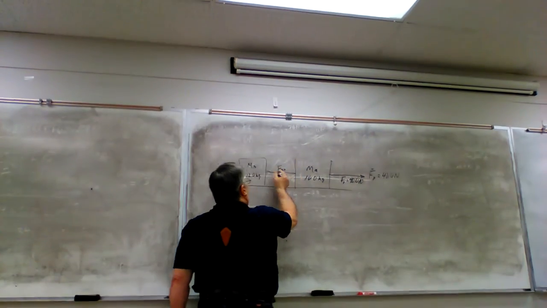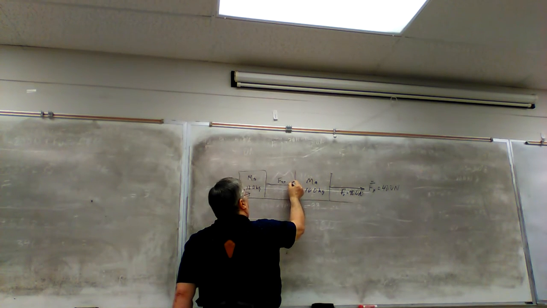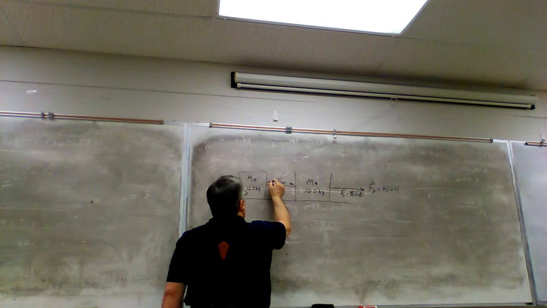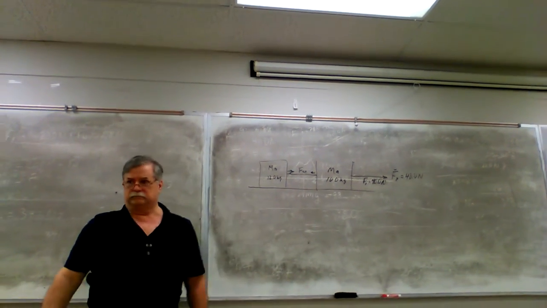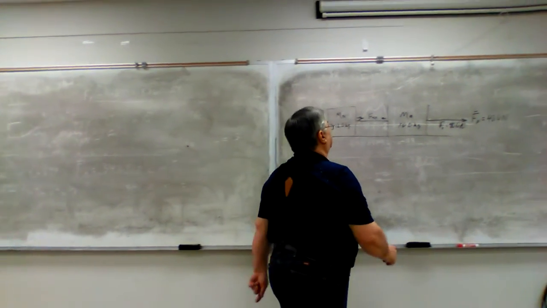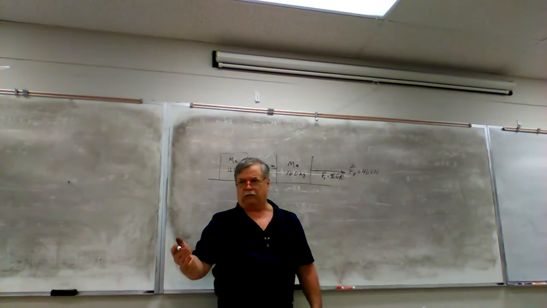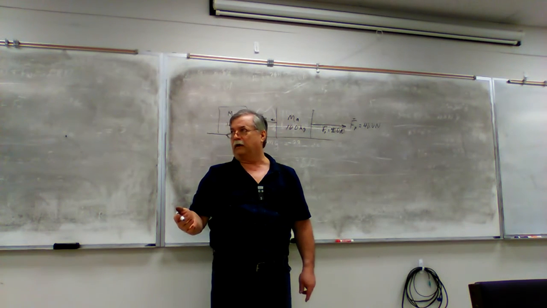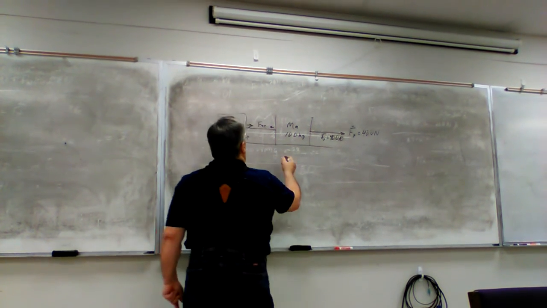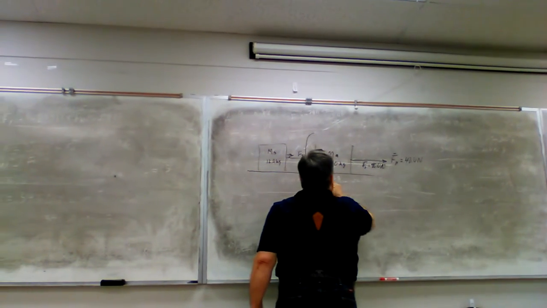The force of tension in this string is pulling backwards on this box and forward on that box. But what's the first rule we talked about analyzing free body motion diagrams? Treat one object at a time. So we look at only this object.